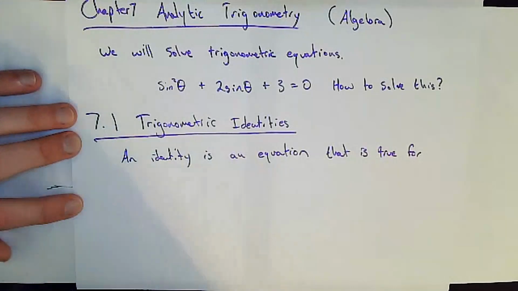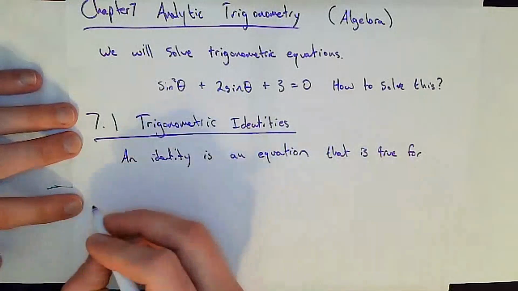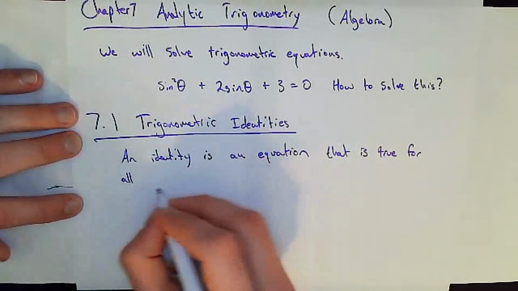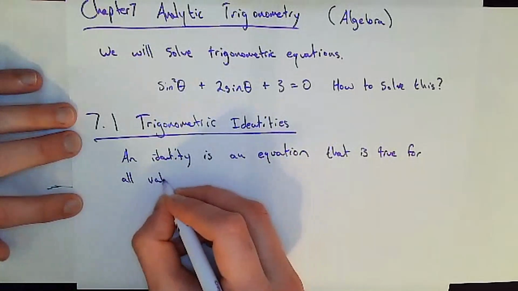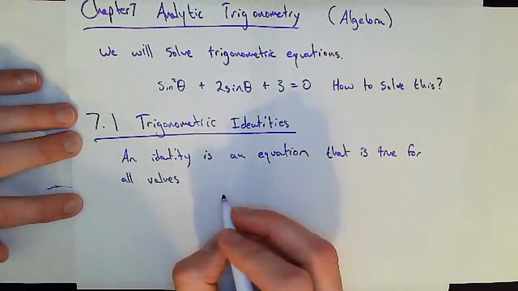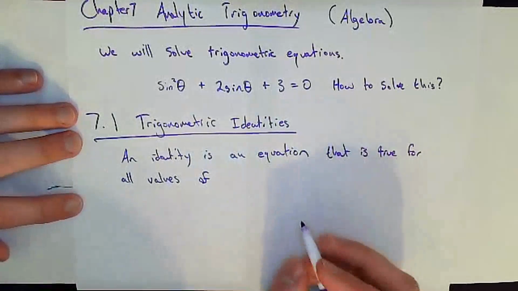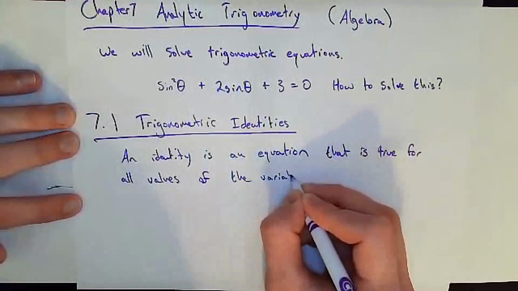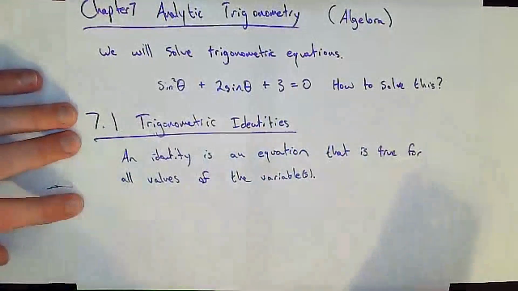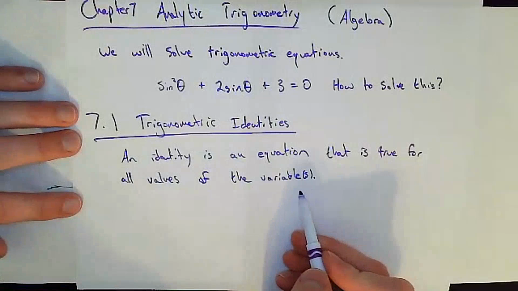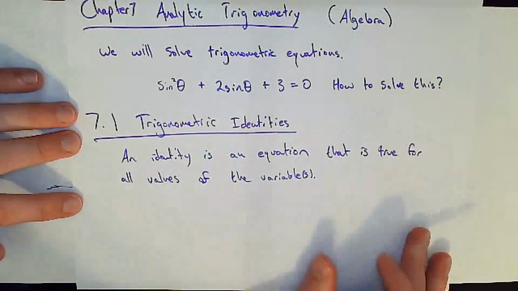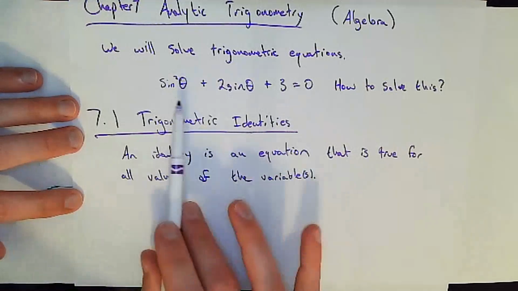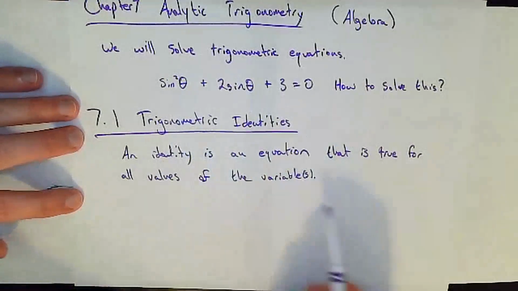An identity is an equation that is true for all values of the variable(s). I'm putting that S in parentheses because it could just be one variable, which pretty much everything we're going to deal with here is going to be. The variable that we're going to use is going to be theta, but it could be more than one.